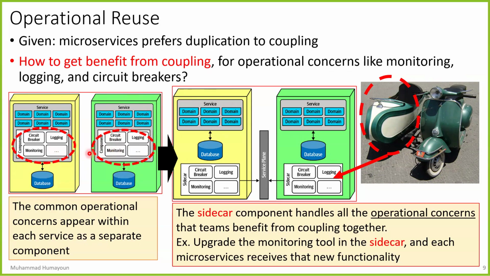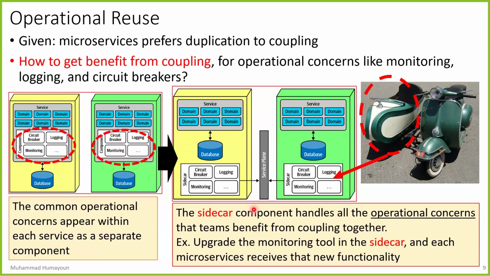But these are just side, this is just some operational piece of software you need in those services. So what we can do is allow operational reuse of these components, so that when I update this one, it automatically upgrades. When I upgrade this one, it automatically upgrades. That could be done through the sidecar pattern.